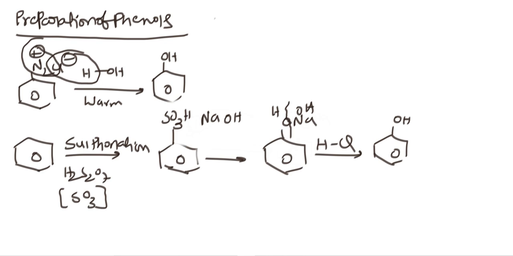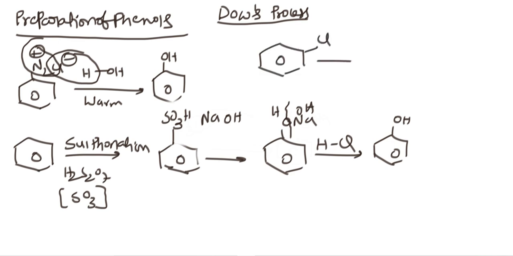The third preparation, the most famous preparation, is the Dow's process. This is chlorobenzene treated with NaOH at high temperature, like 350 degrees, and high pressure.